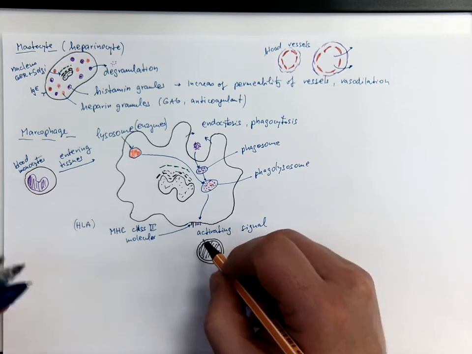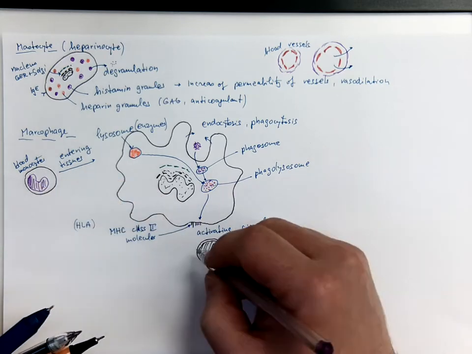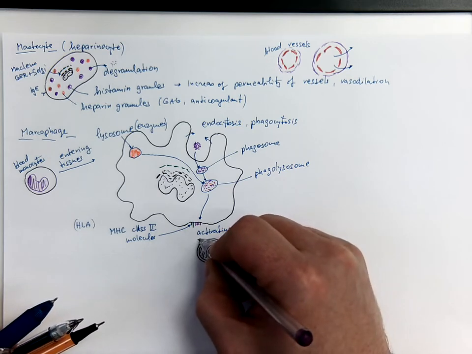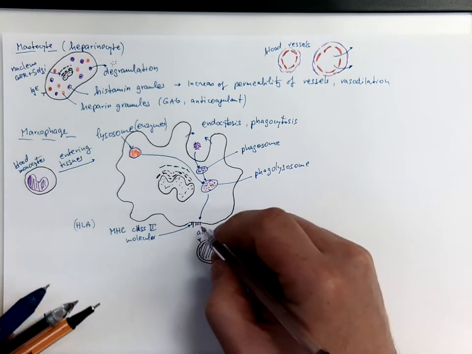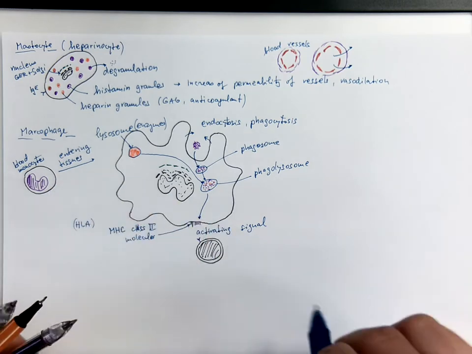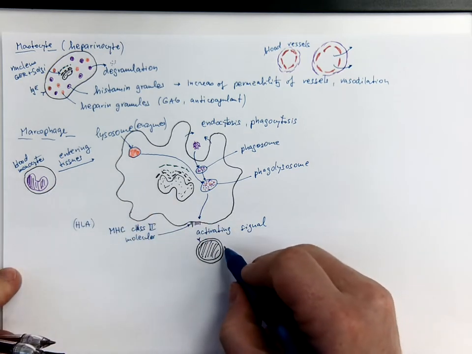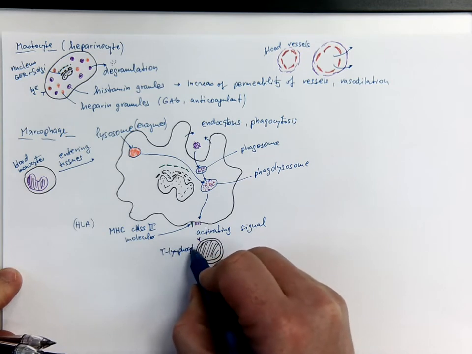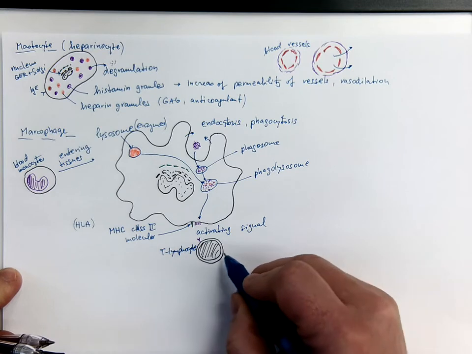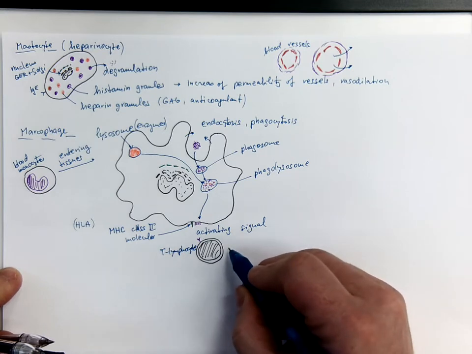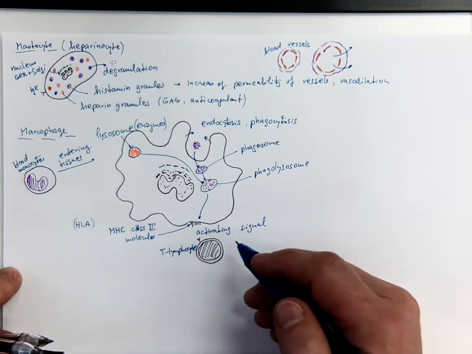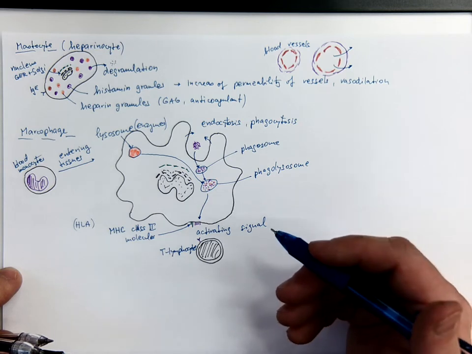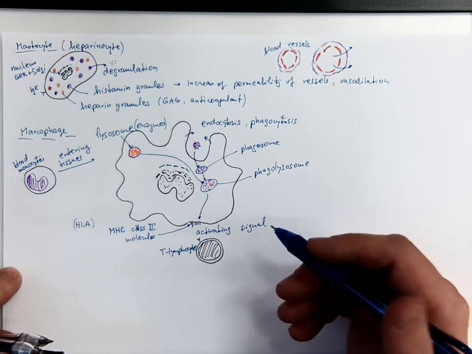So if the T lymphocytes are equipped with a receptor able to bind to these antigen fragments, there is activation of these cells in the sense of proliferation and production of various substances such as cytokines, interleukins.